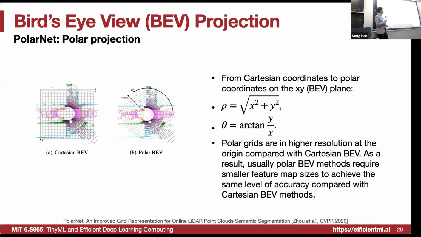We can convert from Cartesian coordinates into polar coordinates, which are represented not by x and y, but by rho and theta. Rho is the distance from the centroid, and theta is the angle.